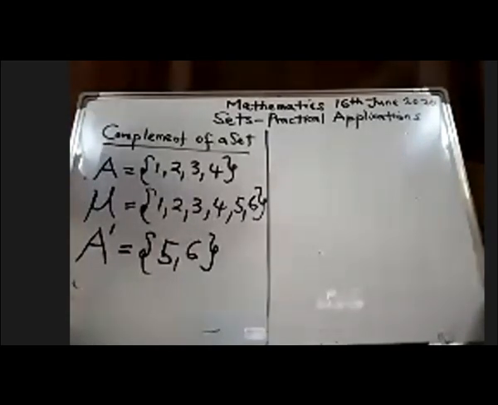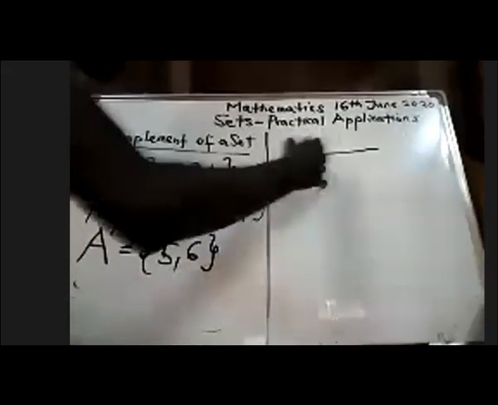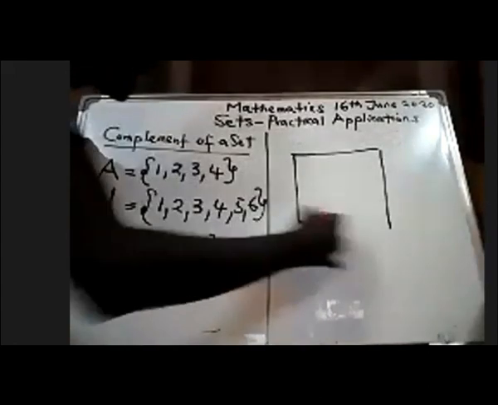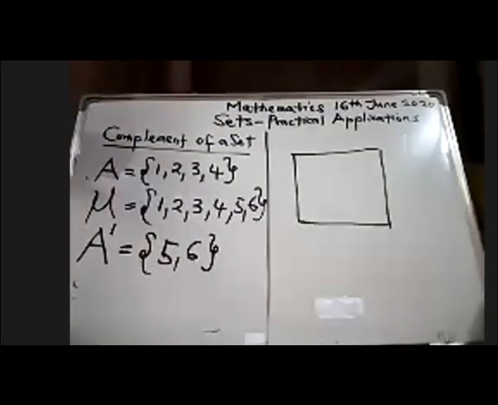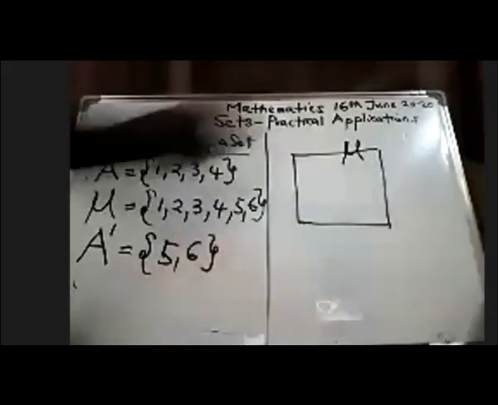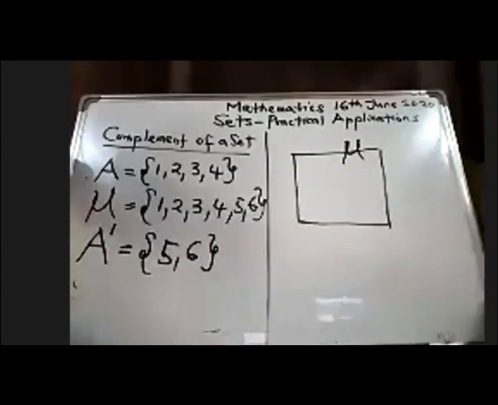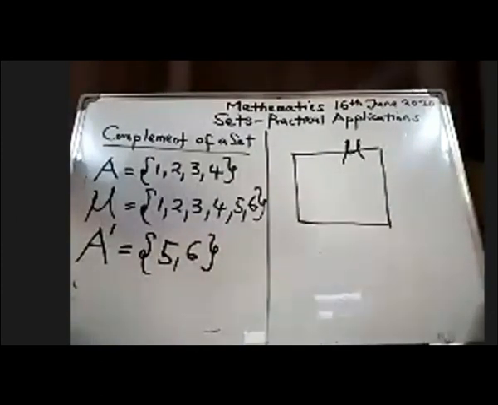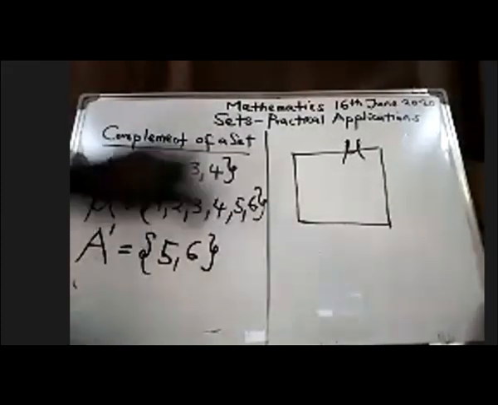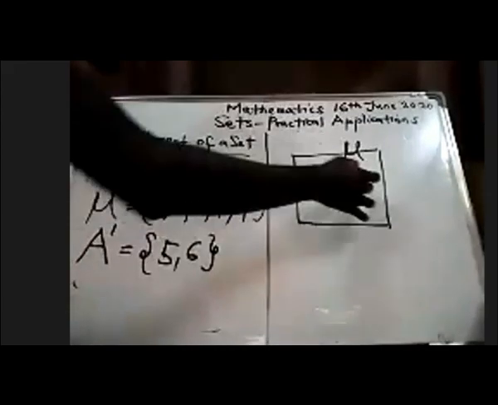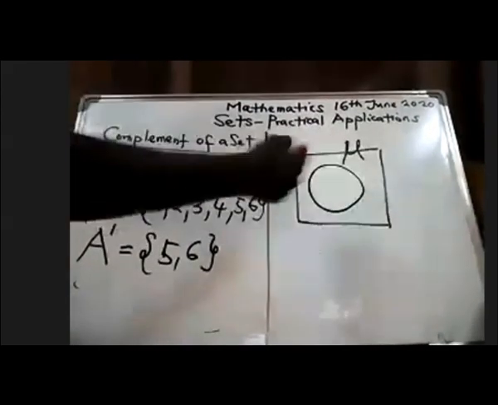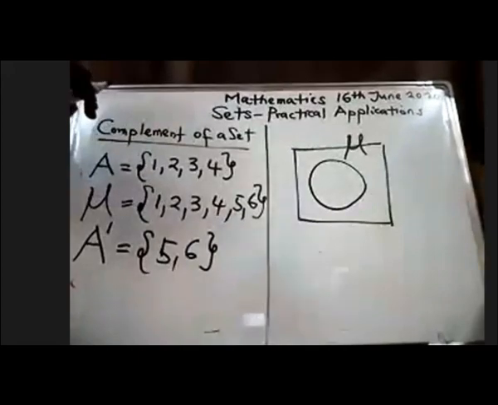So diagrammatically, how do we represent the complement of a set? Now let's listen attentively. As a rule in sets, the square or rectangle is used to represent the universal set. And the set described must be in the universal set.